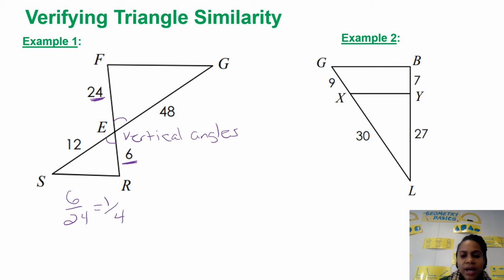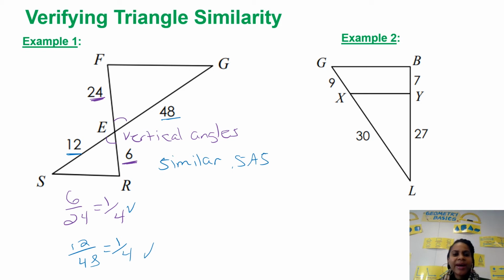Our larger sides are 12 and 48. 12 over 48 reduces to 1/4. All right. So the sides are proportional, and we have those included angles that are congruent. And so we could say that these two triangles are similar using the side-angle-side theorem of similarity.